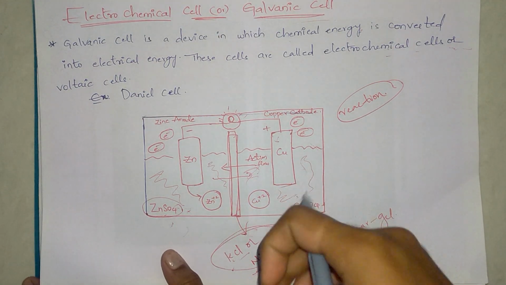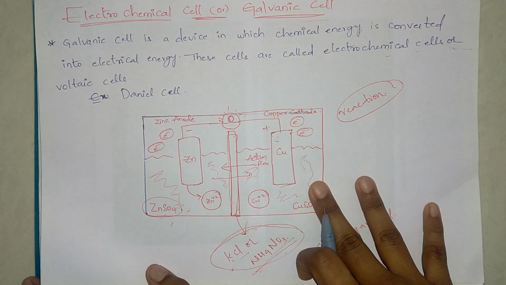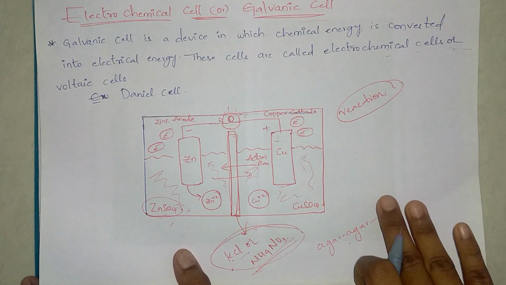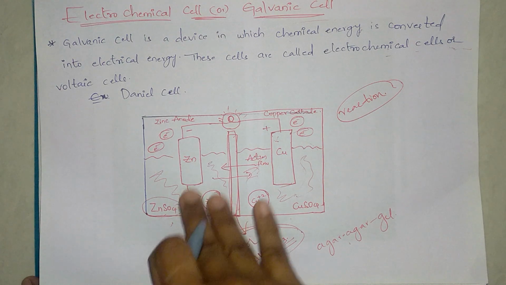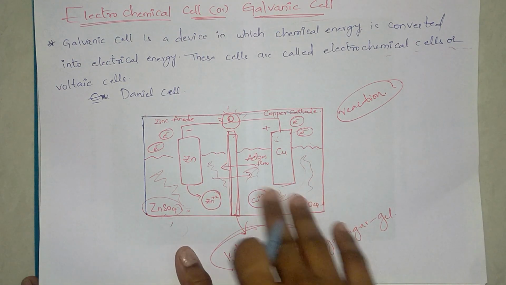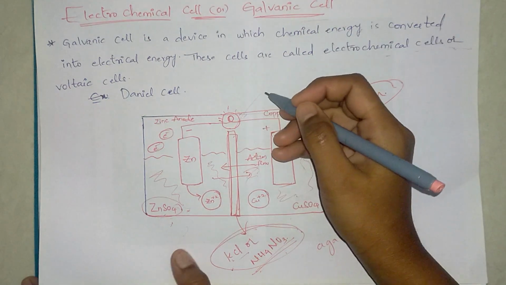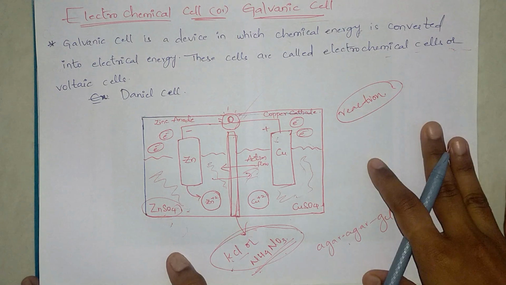That means zinc will not be able to lose electrons further, and copper will not be able to absorb them further. Until then, electrons keep moving from one electrode to the other. When this movement occurs, electricity is produced and the bulb glows. This is how the complete process happens in the galvanic cell.